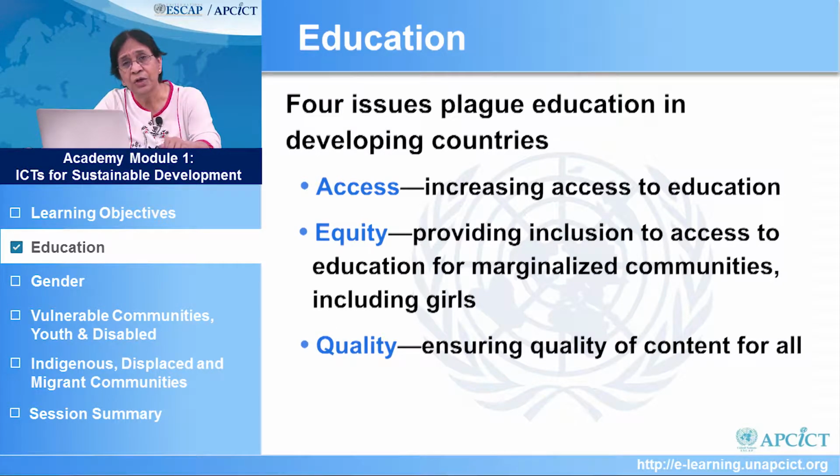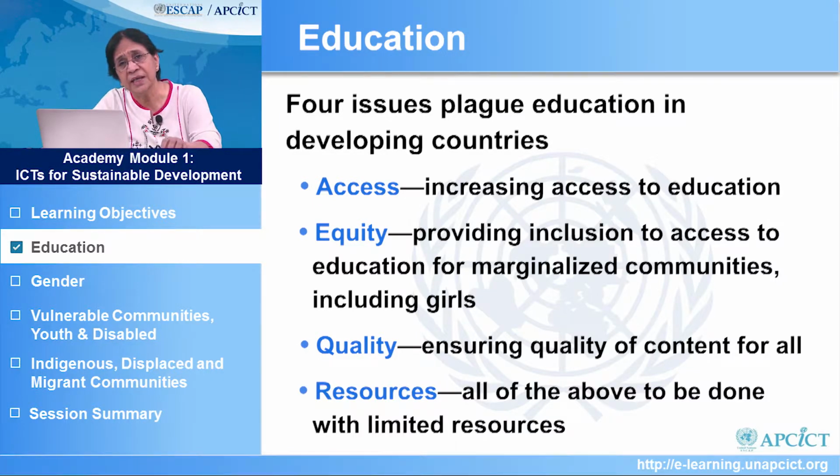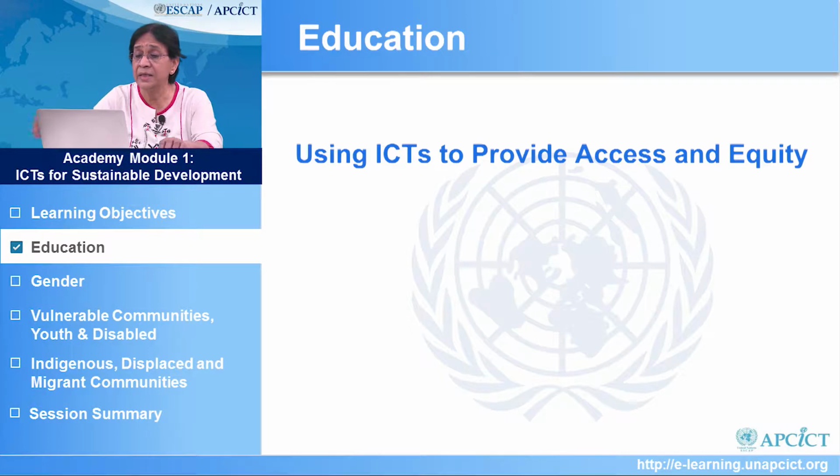Quality, ensuring that the quality of material, whether it is in the city or in a remote rural location, remains the same for both urban and rural locations, for colleges, schools, etc. And all of these have to be achieved based on limited resources. And that is where ICTs play a role to provide access and equity.